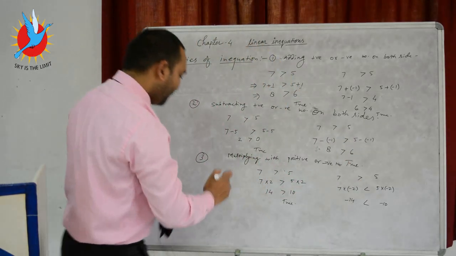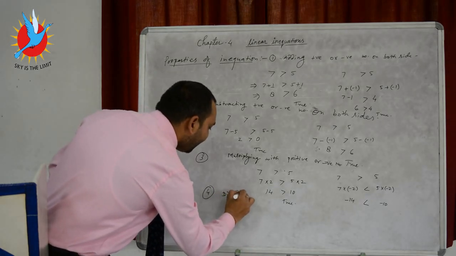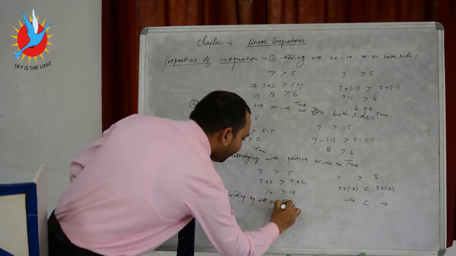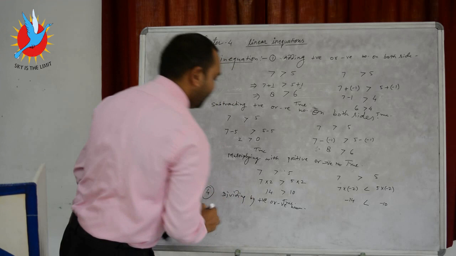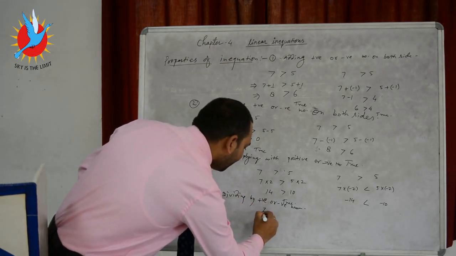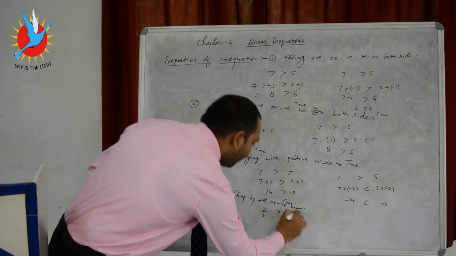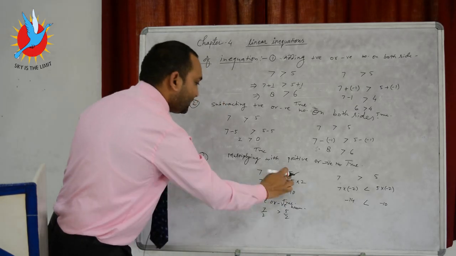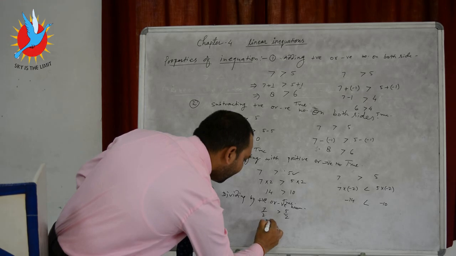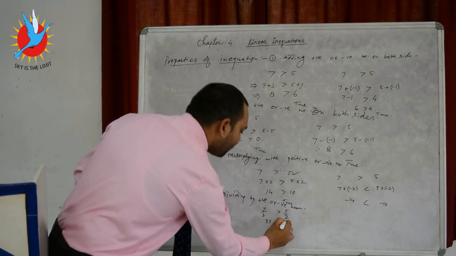Similarly, consider dividing by a positive or negative number. 7 divided by 2 is greater than 5 divided by 2. Dividing both sides, 7 by 2 is 3.5 and 5 by 2 is 2.5, so this is also correct.